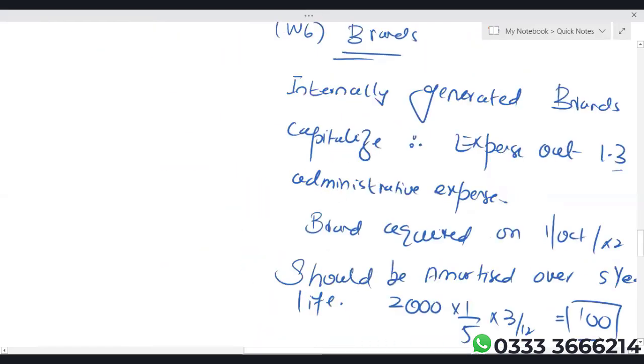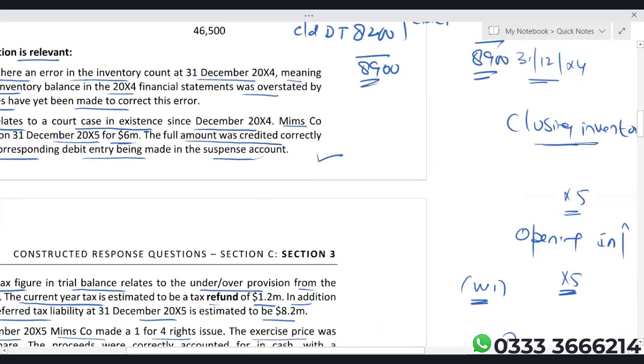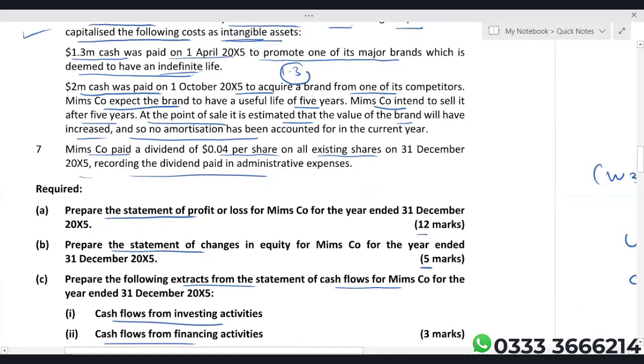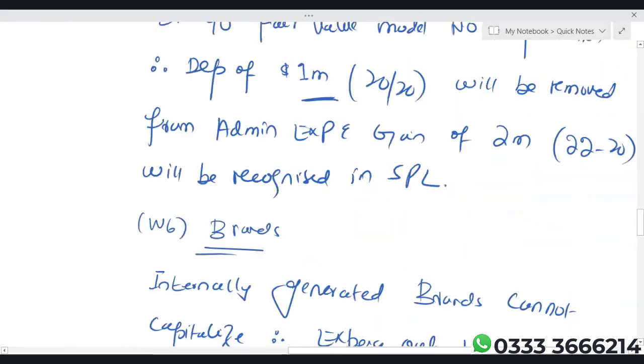Let's go to the trial balance and see if there is any other information. Distribution cost is 7,300. We do have a finance cost of 1,400 as well.